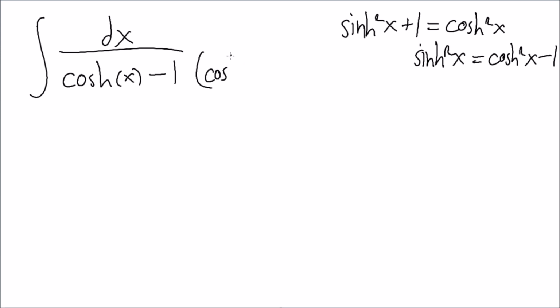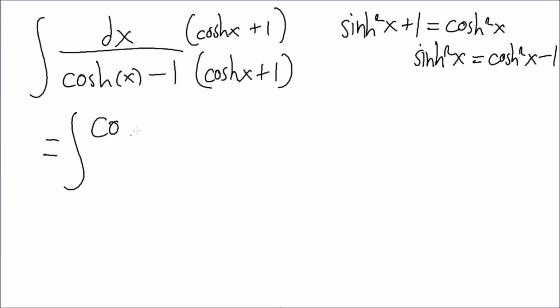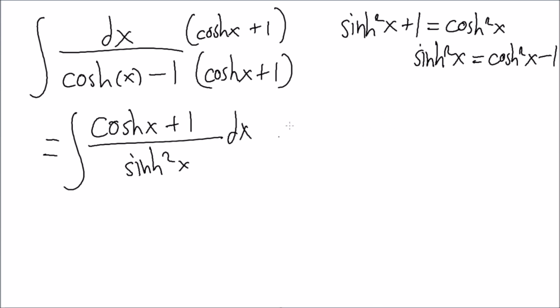It would be cosh x plus 1, top and bottom, so that we can make that bottom sinh squared. Okay, so then we get cosh x plus 1 over sinh squared. Cool, then this is now an easy integral.